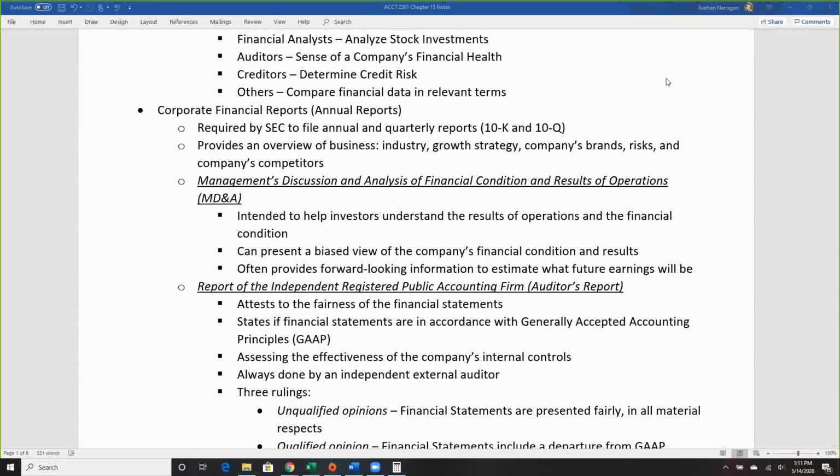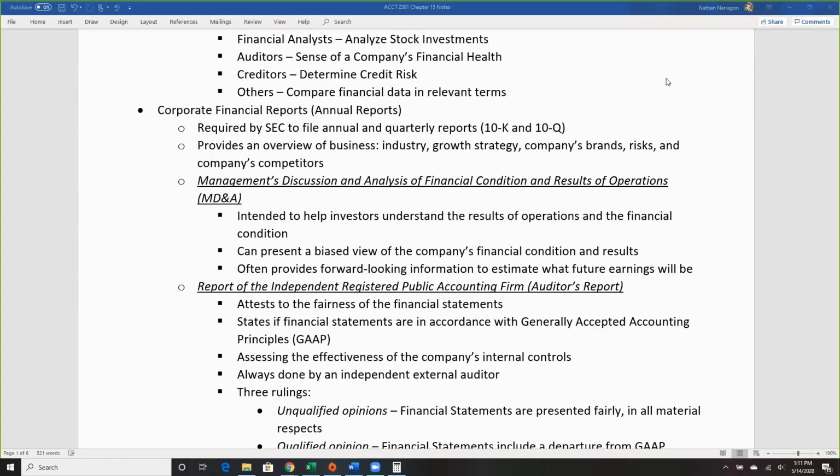They also make sure that they follow the strict guidelines of the generally accepted accounting principles, again known as GAAP. They also test the internal controls of the company, making sure they're still effective.